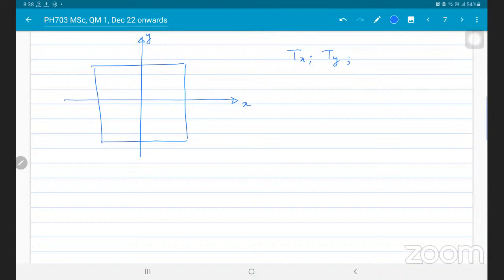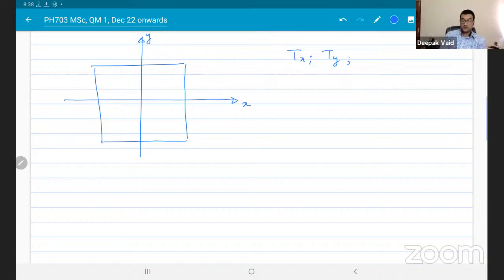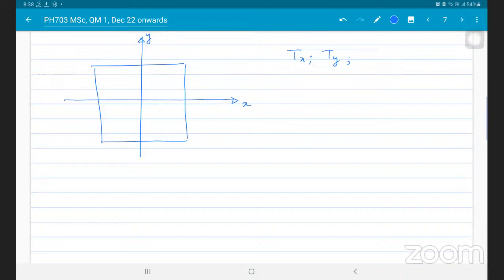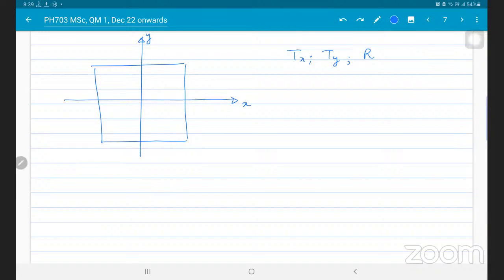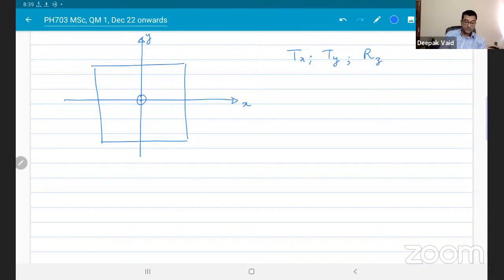Rotational symmetry. Rotation by how much? 90 degrees. Sorry, R, and around which axis? I've not drawn the Z axis, so the Z axis would be coming out of the page.